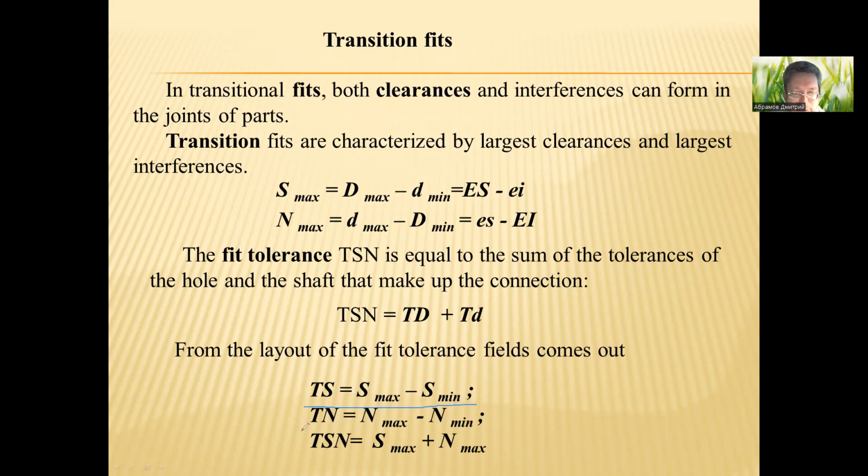The tolerance field of the interference fit is equal to the maximum interference minus the minimum interference in the fit. And the tolerance field in a transition fit is equal to the maximum clearance plus the maximum interference.